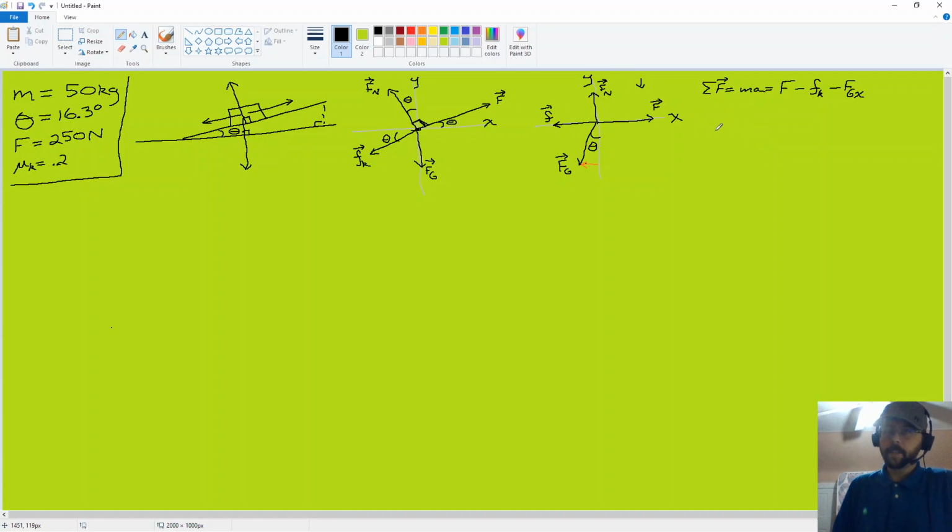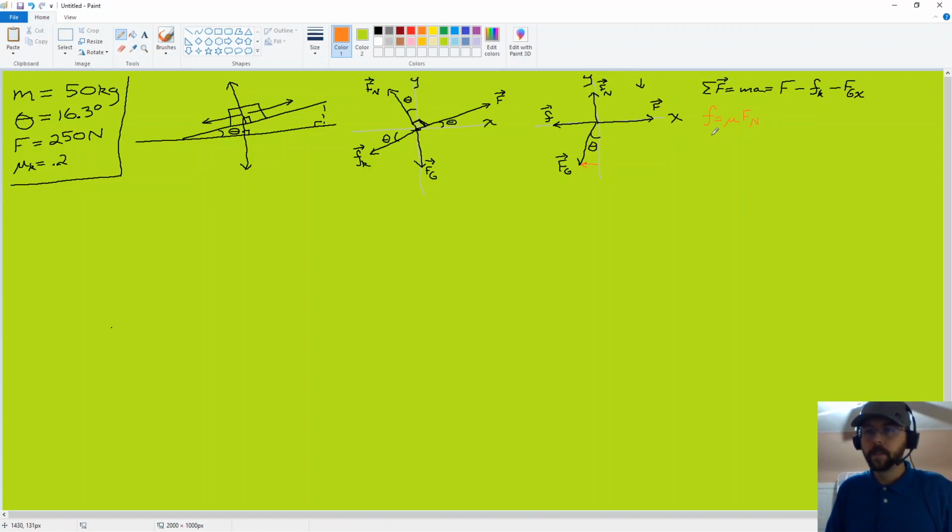Now, we can find some of these things. Let me get another color, red. The magnitude of the pushing force was given. We were not given kinetic friction, but that equals mu kinetic, which we were given, times the normal force. We were not given the normal force. The normal force, in this case, will equal the y component of the force of gravity.